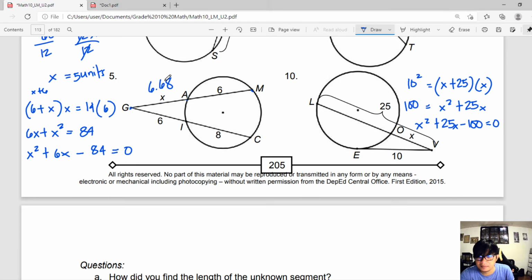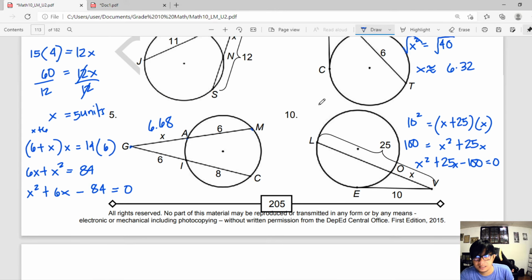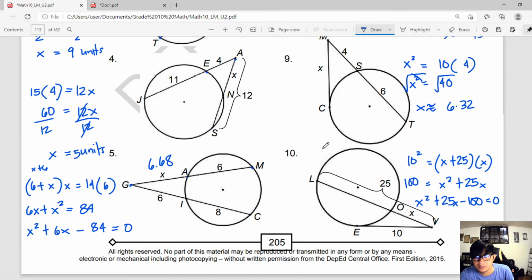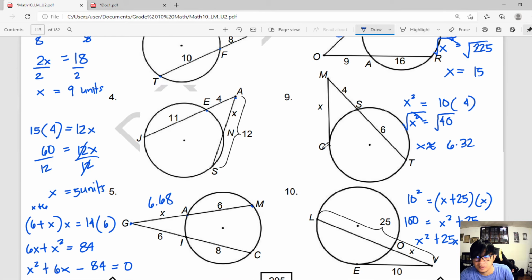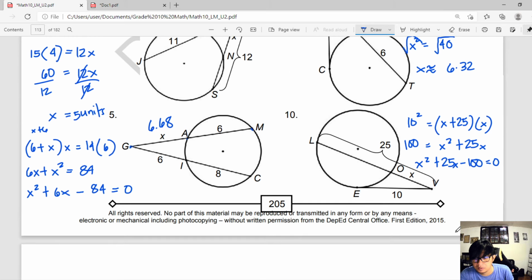Review na natin. Okay, something wrong with our answer. Tama naman ginawa natin. This is 10 squared tapos 25x squared and 25.